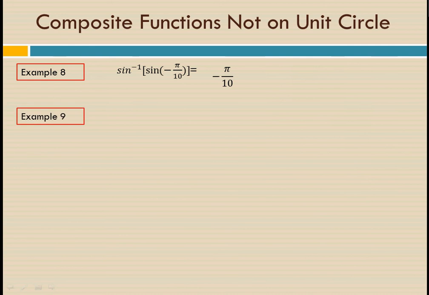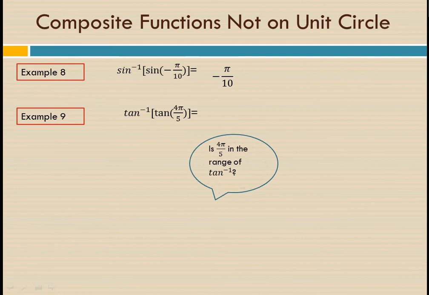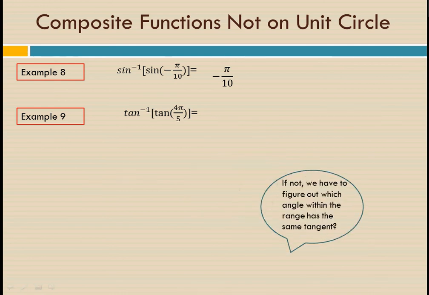However, they're not all going to be that simple. So let's do the tan inverse of the tan of 4 pi over 5. Okay, is 4 pi over 5 in the range of tan inverse? Some people may have a hard time picturing where that is. So we have to find out, and actually it's not, and I'll show you why in a minute.